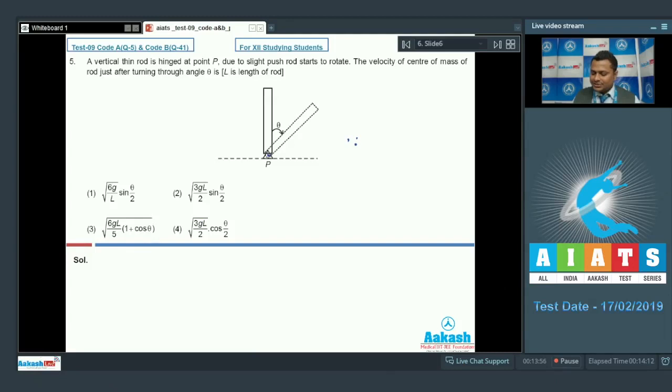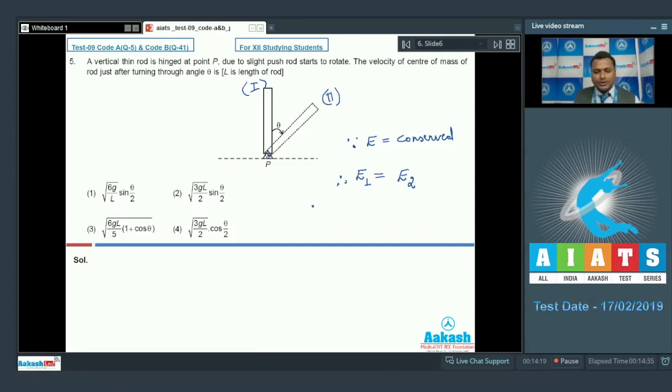So here, since energy is conserved, therefore initially the situation 1, finally consider situation 2. So therefore the total energy of system in situation 1 will be equal to the total energy in situation 2.